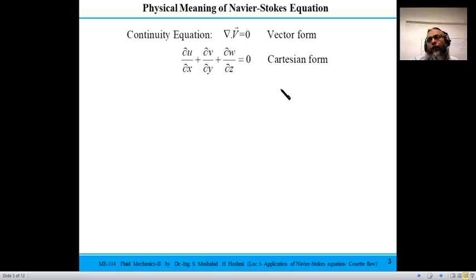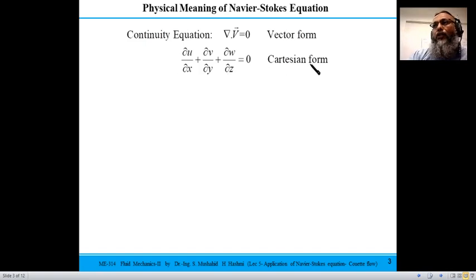Such a product is called a scalar product. So this is the divergence of velocity, and it is written in the vector form, which means you can write it for any coordinate system. Here I have written it in the Cartesian coordinate system.